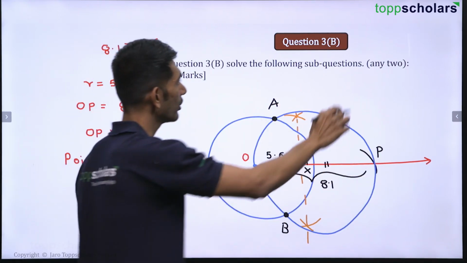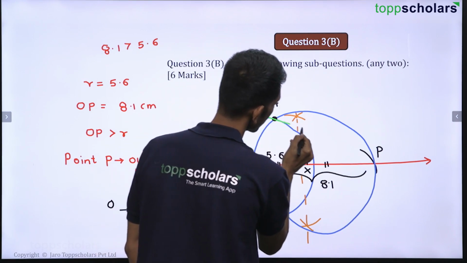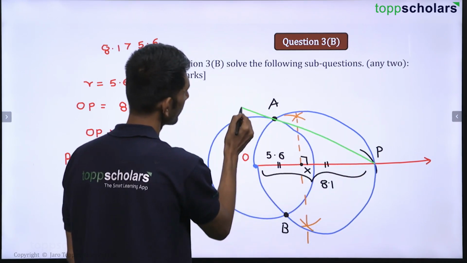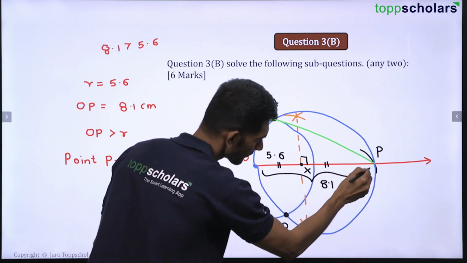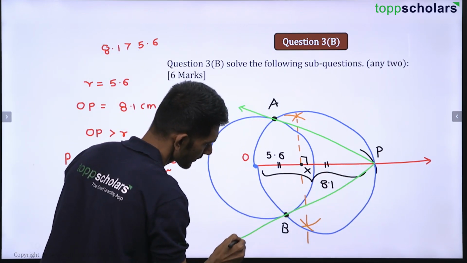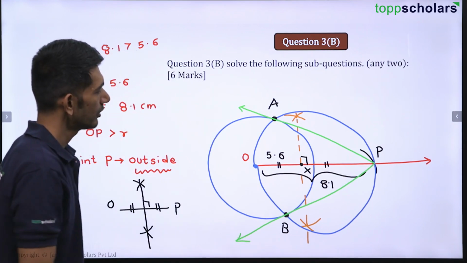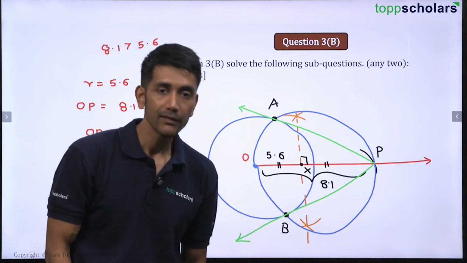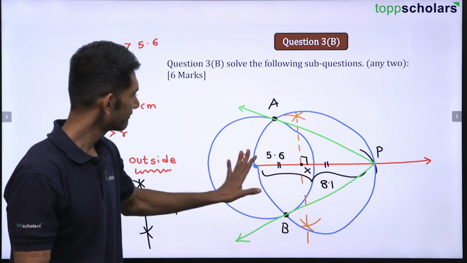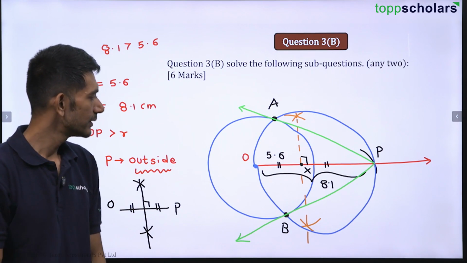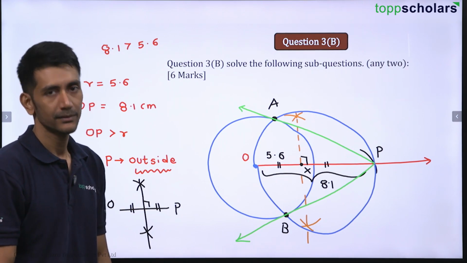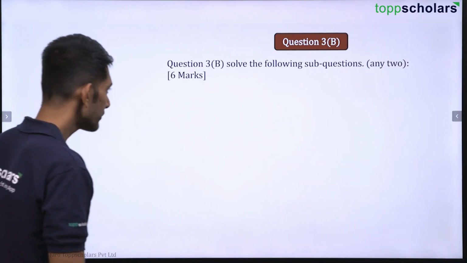Our job is done because that is PA, the first tangent, and PB, the second tangent. So from point P, we have drawn two tangents, that is PA and PB. That's it, that was the question. Easy. Okay, perfect. So let's move on to the next question.